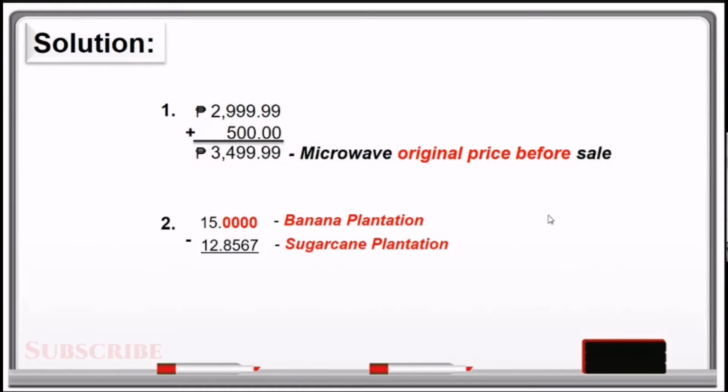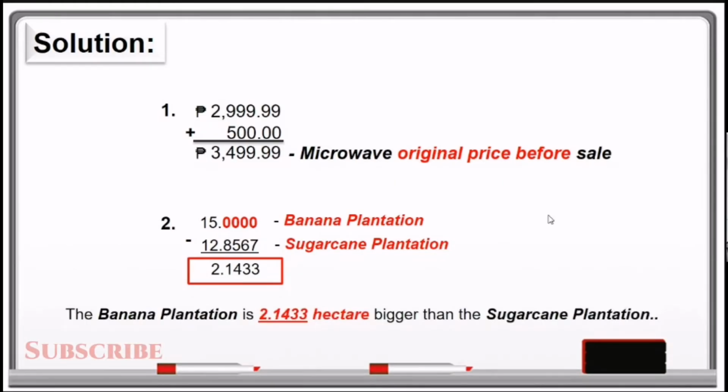Gaano nga ba kalaki ang banana plantation kaysa sa sugarcane plantation? So, subtraction ang ginamit natin. So, 2.1433. Therefore, the banana plantation is 2.1433 hectare bigger than the sugarcane plantation. Okay?